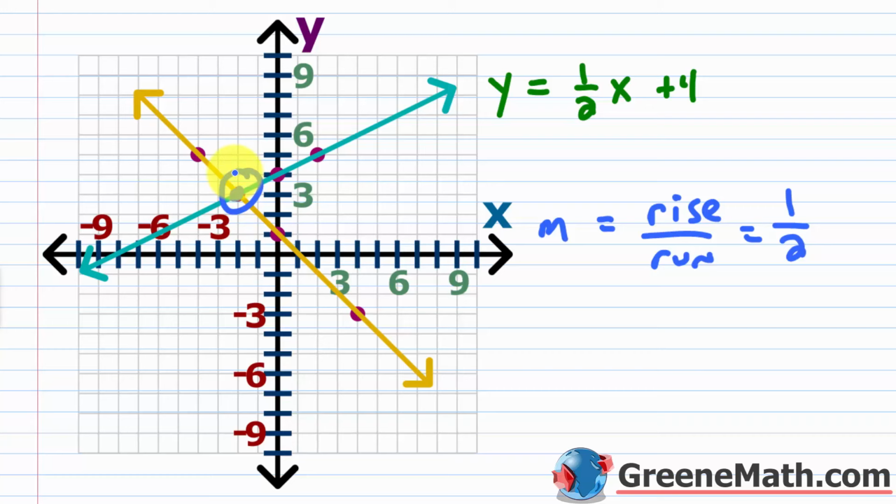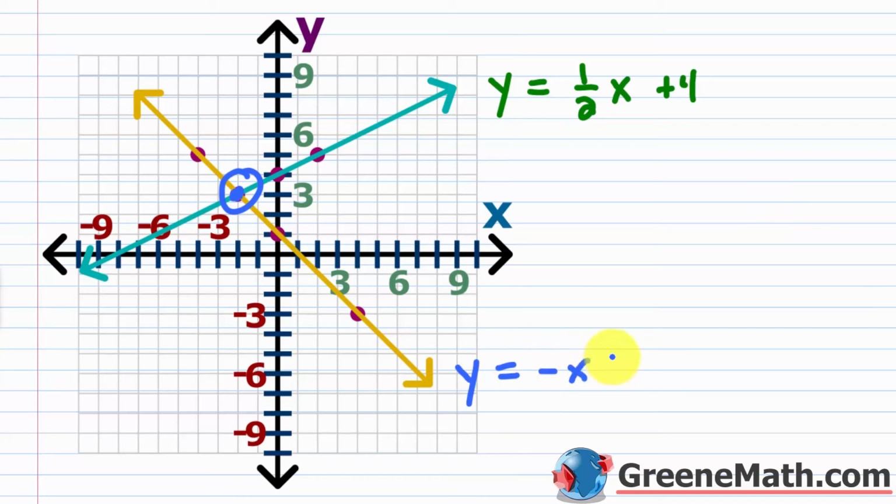Now, let me draw your attention to this point right here. Okay, so this point lies on this line, y equals 1/2 x plus 4. And then also this line, which we already know is y equals negative x plus 1, again, in slope-intercept form, or x plus y equals 1 in standard form. Either way you want to label that.